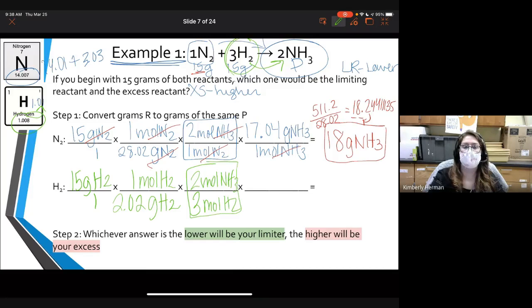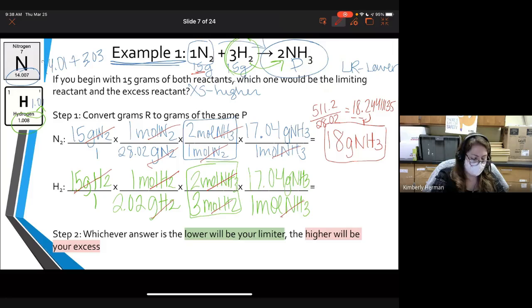Now, like I said before, our last step is going to be the same because we're converting to the same product. So we're going to have 17.04 grams of NH3 here, and we're going to have 1 mole of NH3 on the bottom. So make sure that your units cancel out. Gram of H2, mole of H2, mole of H2, mole of NH3, mole of NH3.